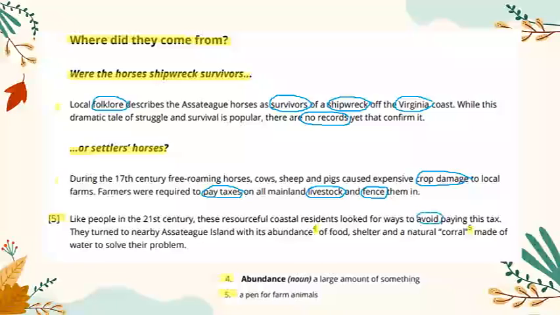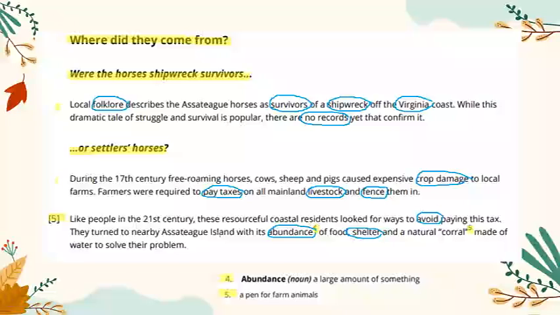They turned to nearby Assateague Island with its abundance of food, shelter, and a natural corral. Wait a minute. All right, abundance of food. Abundance, number 4, means a large amount of something. Okay, that makes sense. Shelter for the animals, and natural corral. It's a corral. Number 5, a pen for farm animals.